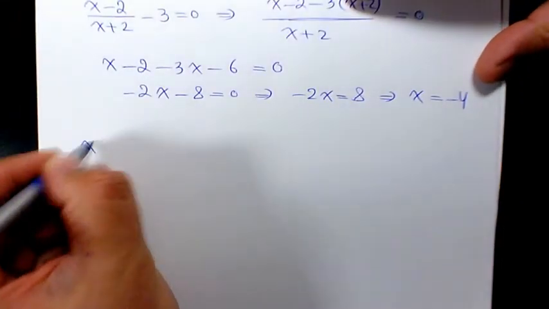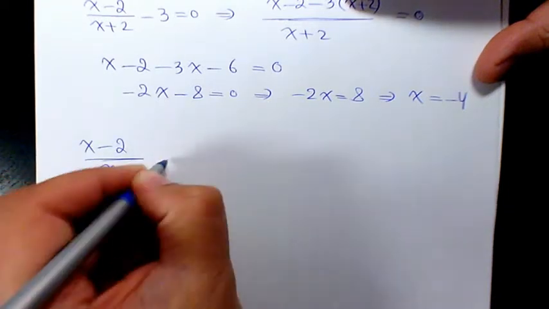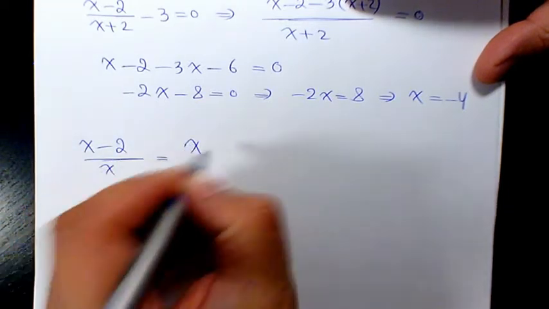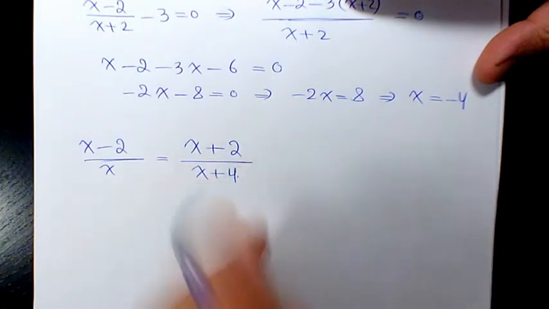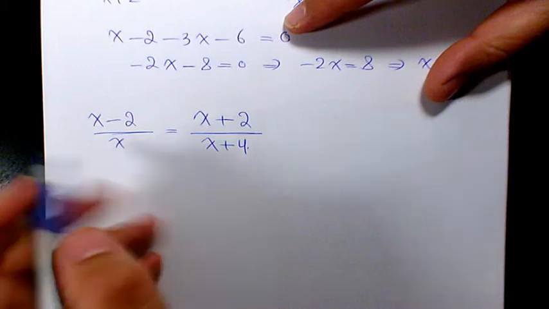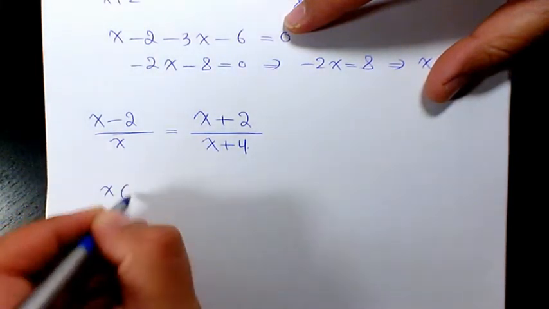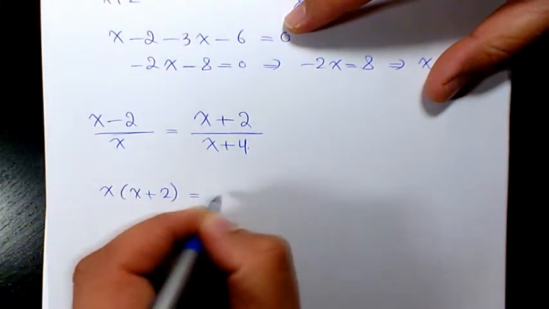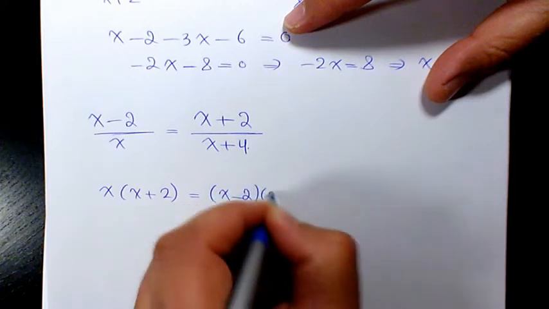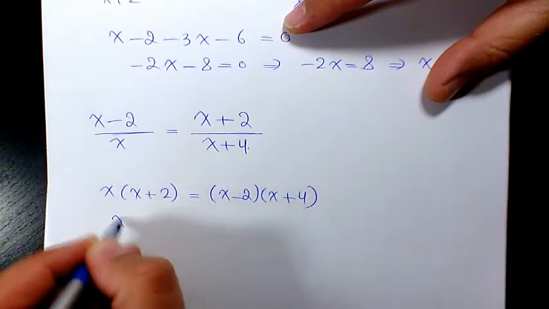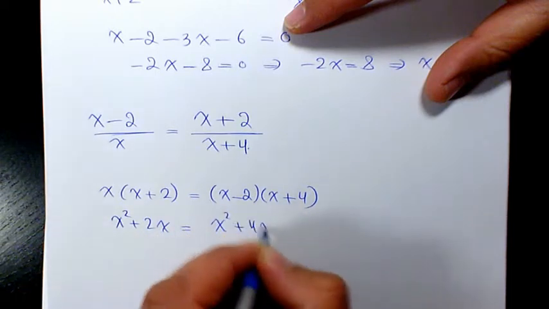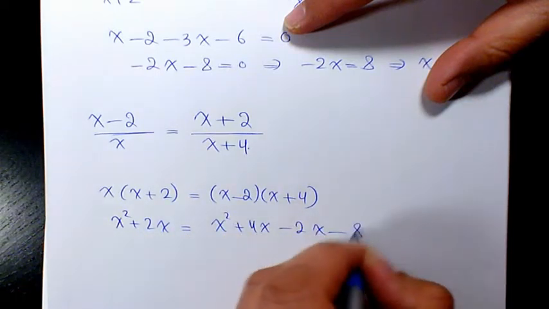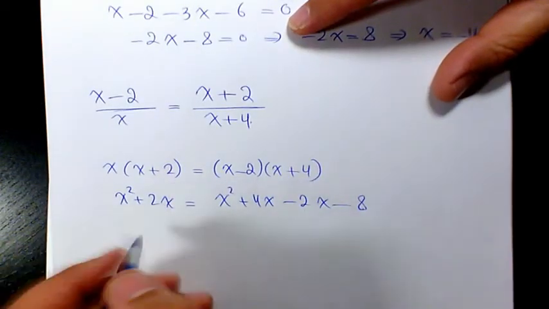Next example, x minus 2 over x equals x plus 2 over x plus 4. Let's cross multiply. x times x plus 2 equals x minus 2 times x plus 4. So it's x squared plus 2x. x squared plus 4x minus 2x minus 8. x squared cancels out.